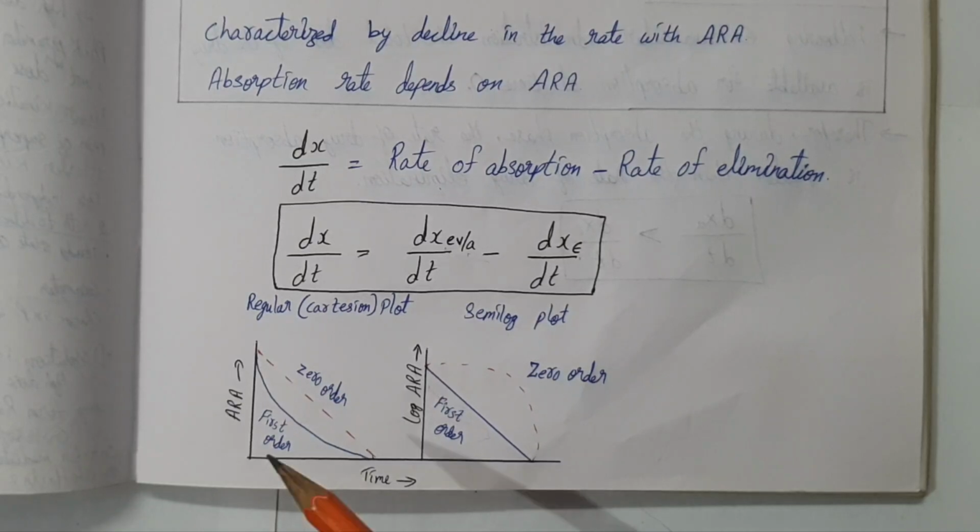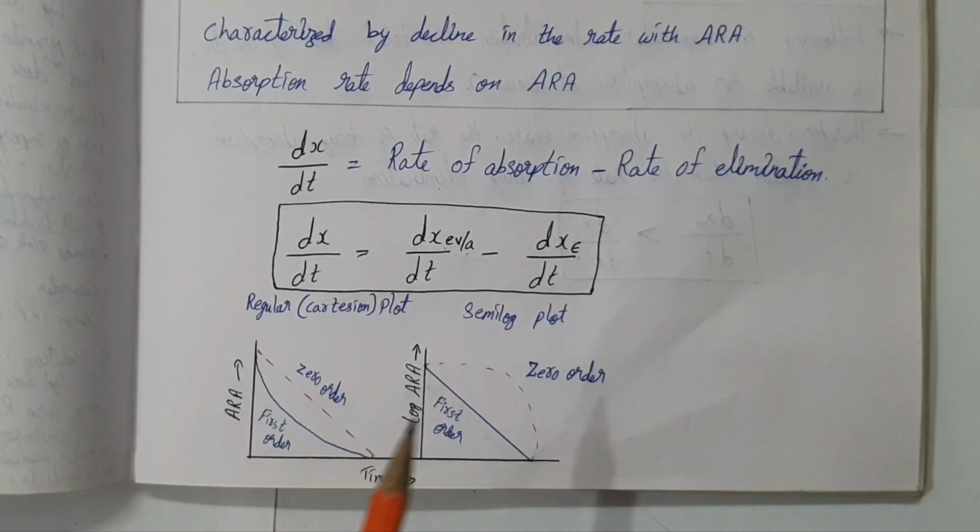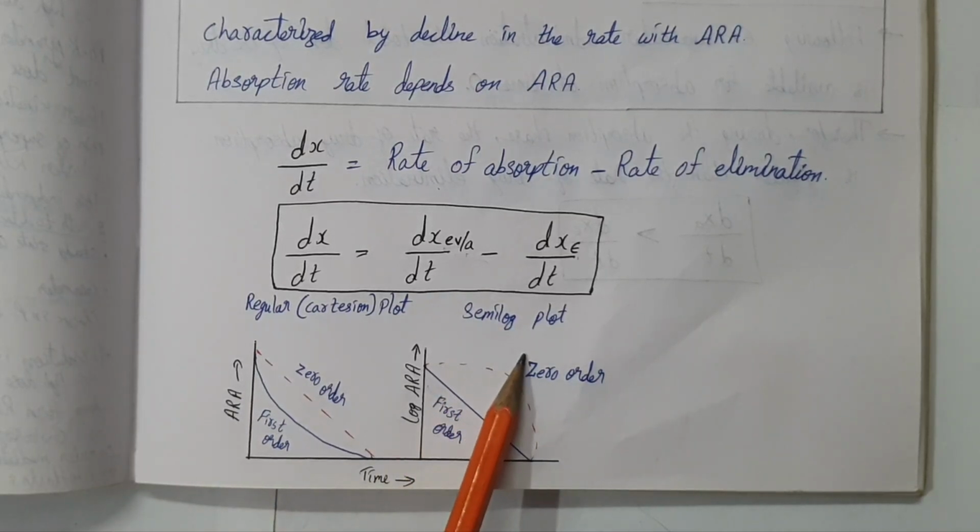Now look at the graph plots. In a regular Cartesian plot, you will see a curve, but in a semi-log plot, the first order process becomes a straight line. It is very useful for estimating drug constants.